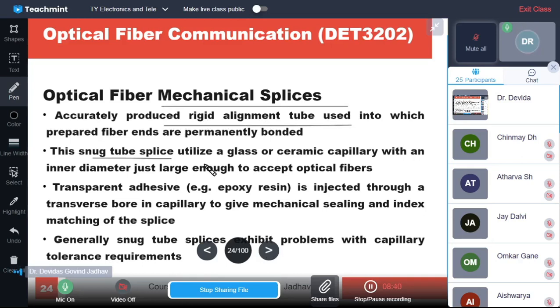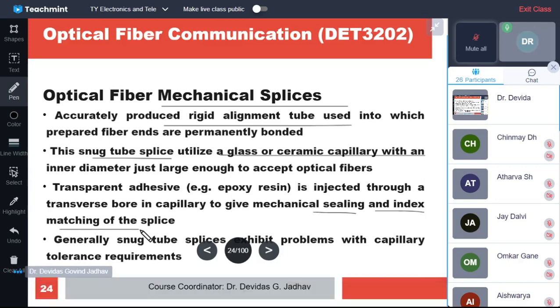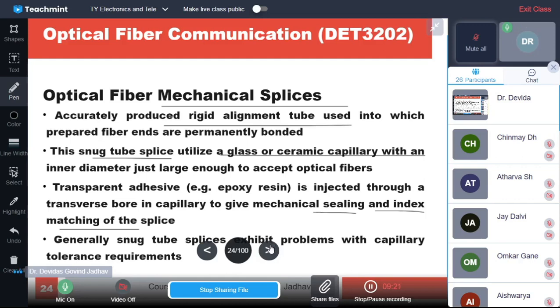Snug tube splice is used. This is the first type of mechanical splicer. It is a glass ceramic capillary in which the two fibers are held, and epoxy resin is applied for index matching as well as for sealing, so that it can be protected from dust and environmental moisture, etc. And it can provide strength also.